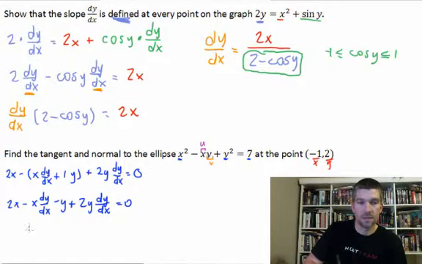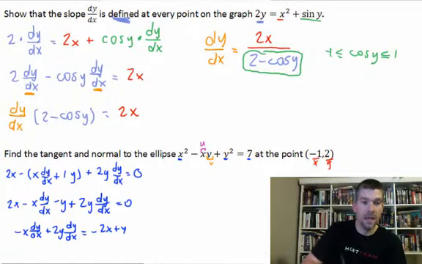I need everything else on the other side. So what I'm going to do is move my 2x and my y over. Okay, so this is going to give me negative x dy/dx plus 2y dy/dx equals negative 2x plus y.